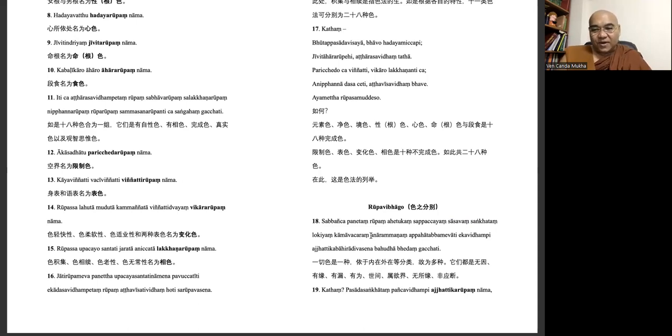Then the last one is apahatabba. Pahatabba means to be abandoned. Apahatabba means that it cannot be abandoned. People may say, oh, you abandon this one or that one and so on.